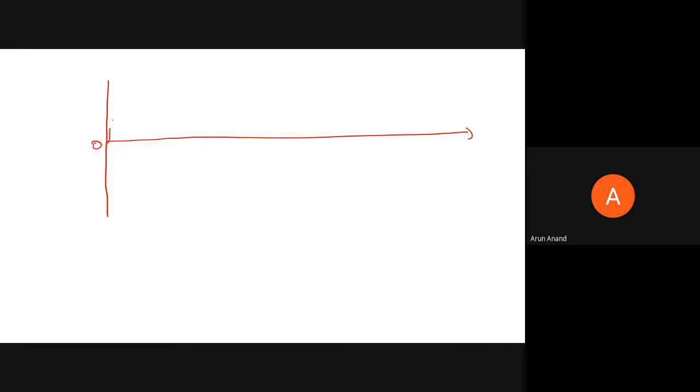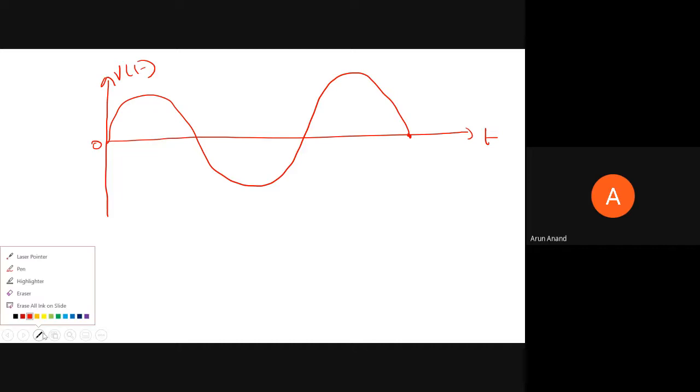This is voltage as a function of time, and you are sampling once every cycle. This cycle you have sampled here, next cycle you have sampled here, and the third cycle you have sampled here.